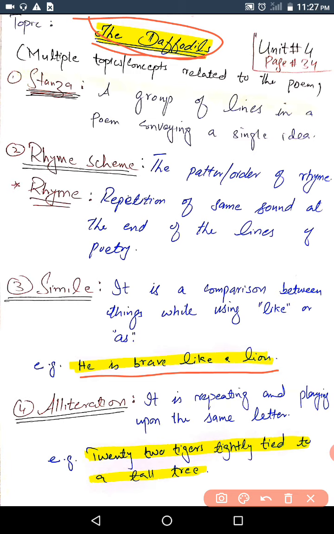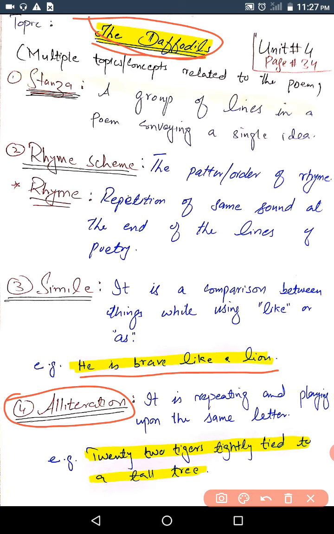The next one is alliteration. What is alliteration? It is also commonly used in poetry, and in daily life as well. It is the repetition of the same sound in poetry, in a line, time and again. In life, you are having its general example. In the poem, we will see that at the end of this video.